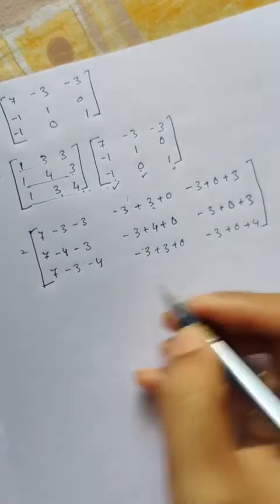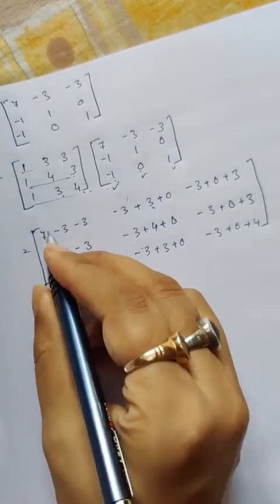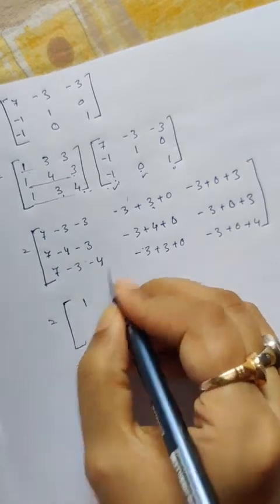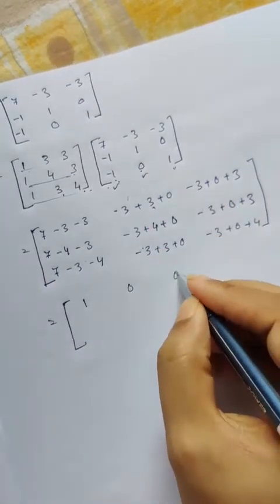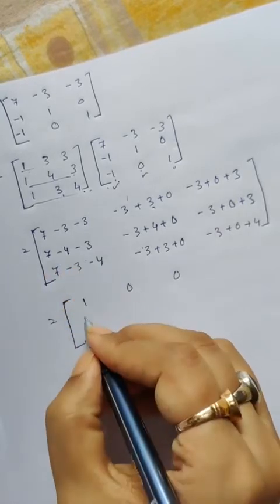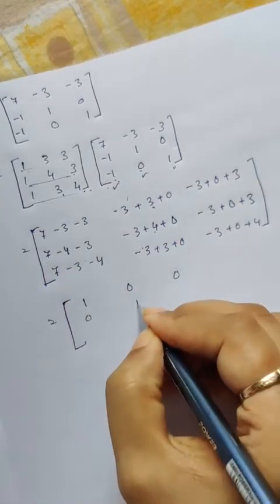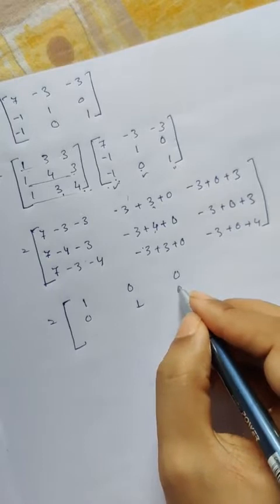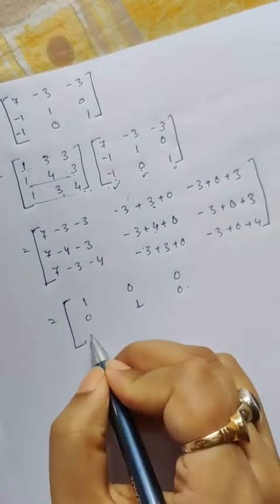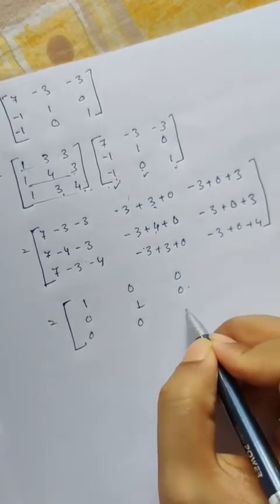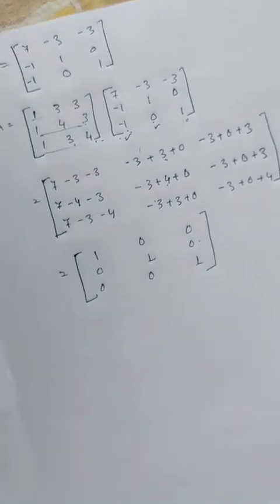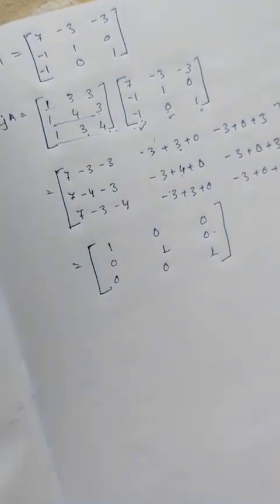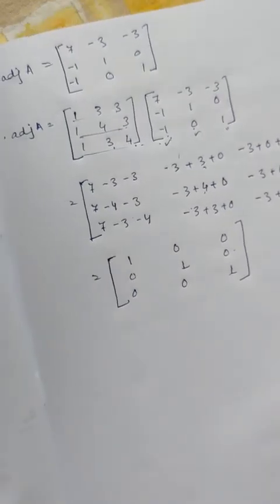Now 7 minus 3 minus 3 is 1, minus 3 plus 3 is 0, 0. This is 0. Here we will get 1. Here we will get 0. From here we will get 0, 0 and here we will get 1. So this is A into adjoint A.